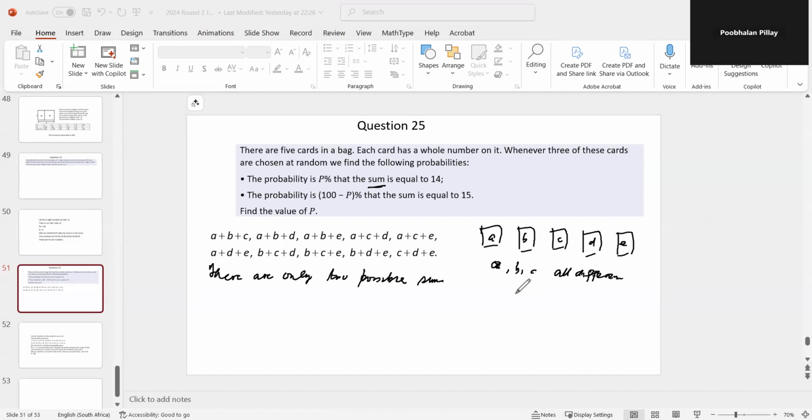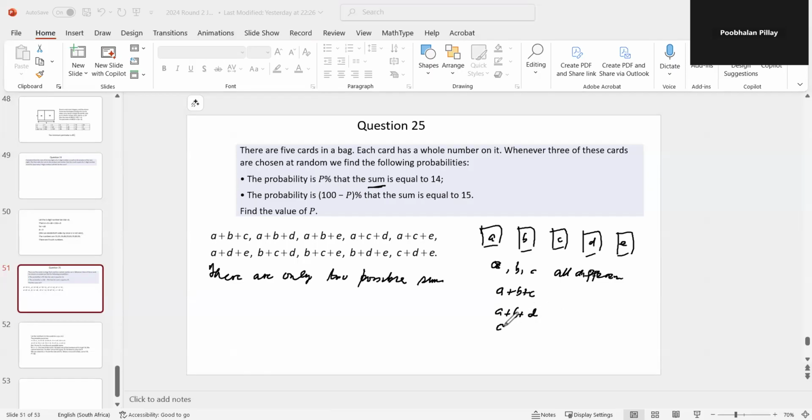If that is the case, then for instance, you'll have A plus B plus C is one answer. And you'll have A plus B plus D is another answer.